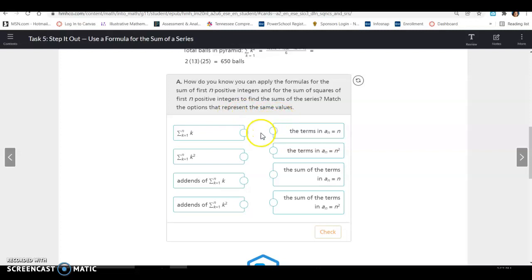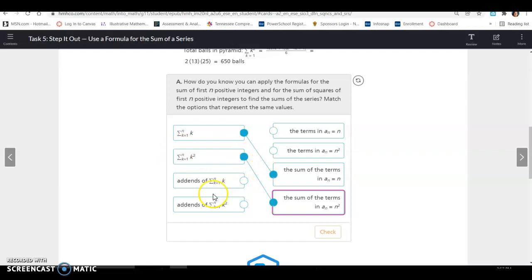Okay, well, we just checked it with our calculator, so we know it works, but let's see which ones match here. So it says the sum of the terms from a subscript 1 to n. So that's going to be this one. So it's going from 1 to n. And then the sum of terms from a subscript n equals n squared. This is the summation of that.